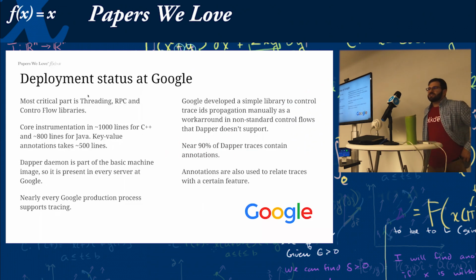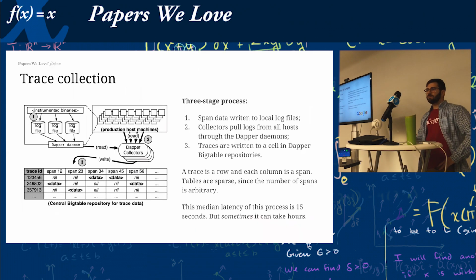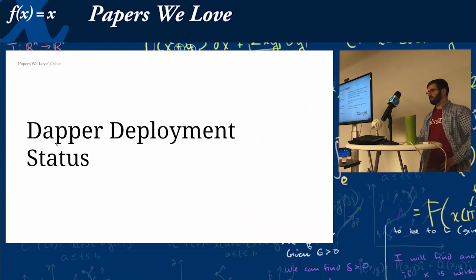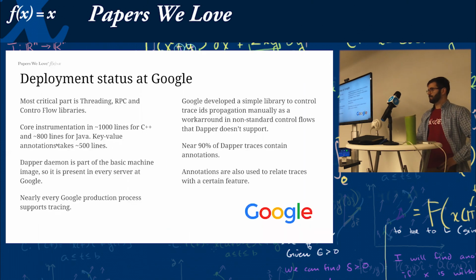The core instrumentation in C++ is less than 1,000 lines, in Java it is 800, and for the key-value annotations it is about 500 lines. The Dapper daemon that you saw here is actually available on every server at Google. So this enables all production applications to be traced. Cool.